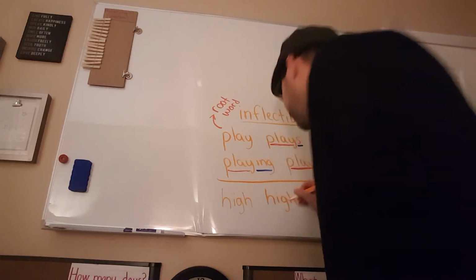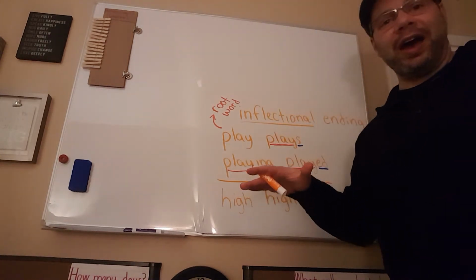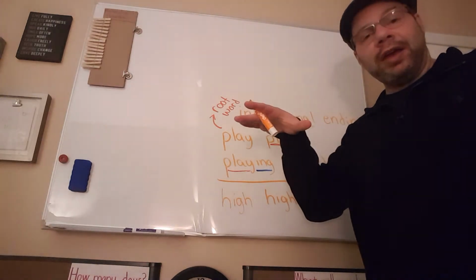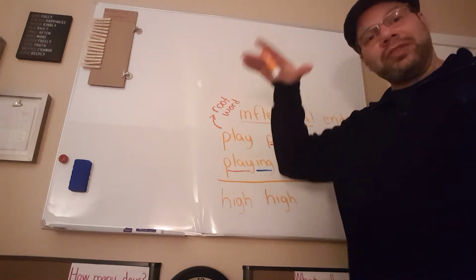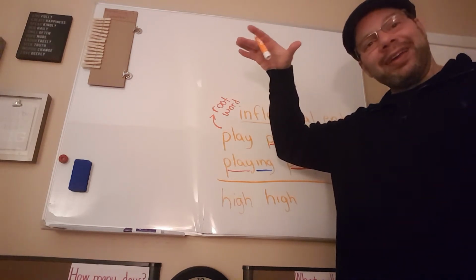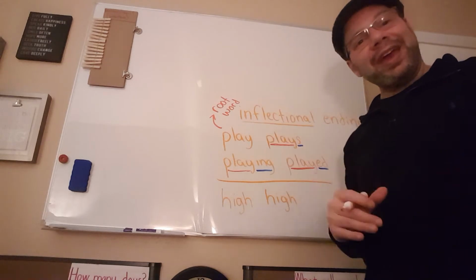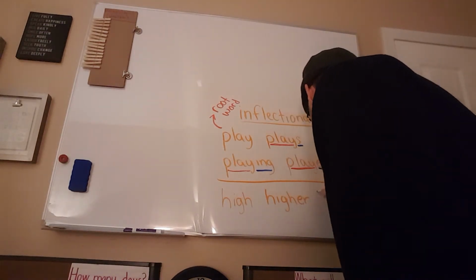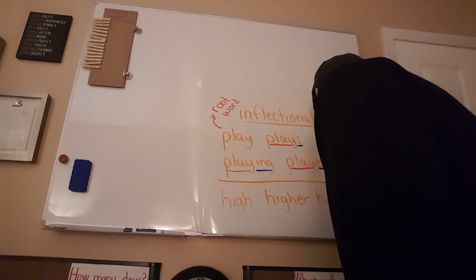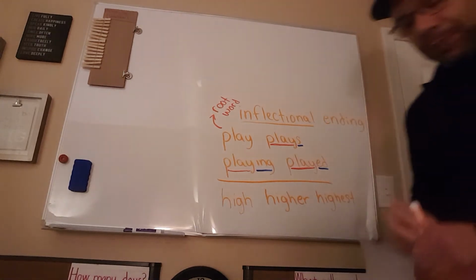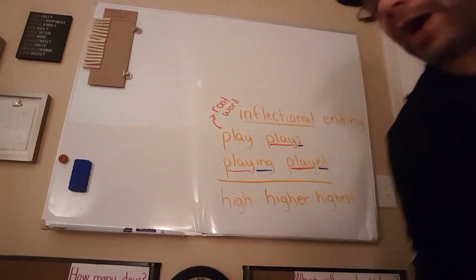If something's high, it's this high. If something's higher, it's higher than that basic level of high. And if something is even higher than that, it's the most high of those things. We say highest. So this one would be higher, and this one would be highest, E-S-T.